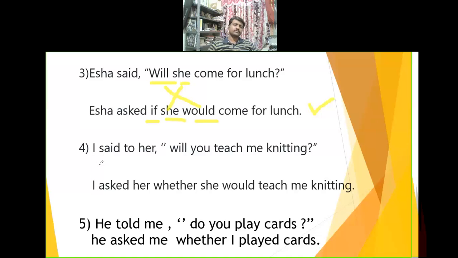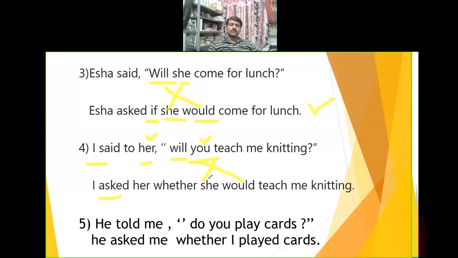One more question. I said to her, will you, okay, her means what? You, you means what now? Yes, she, and then will becomes what? Would.